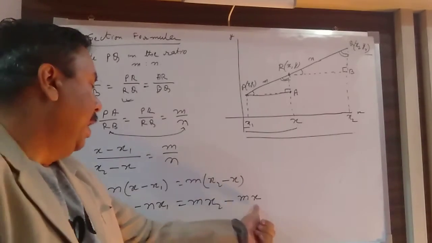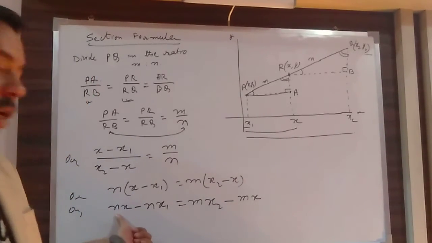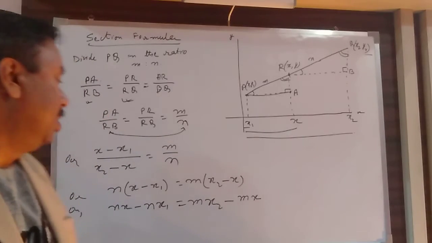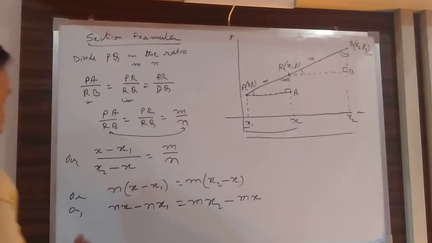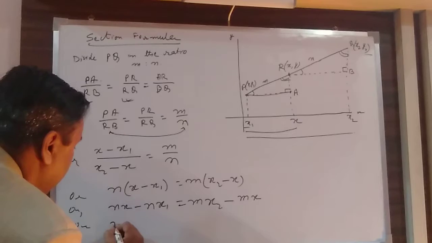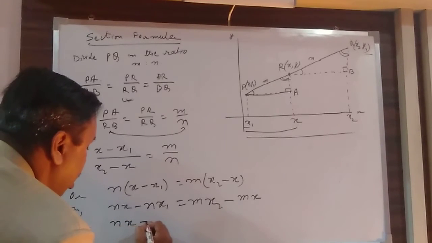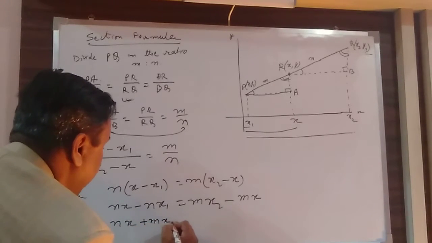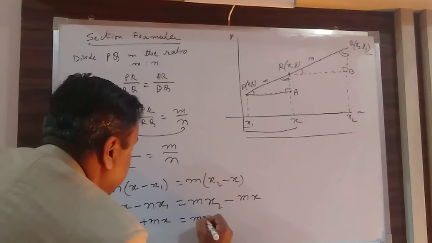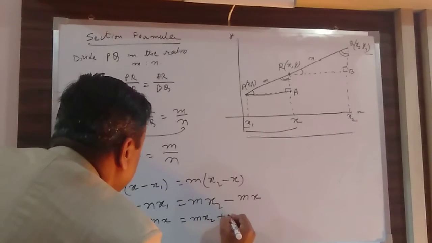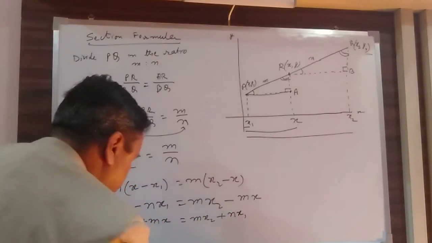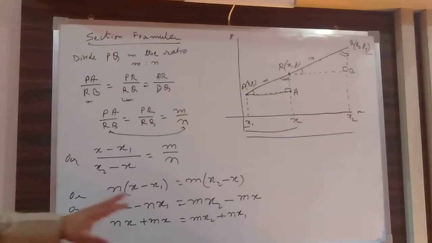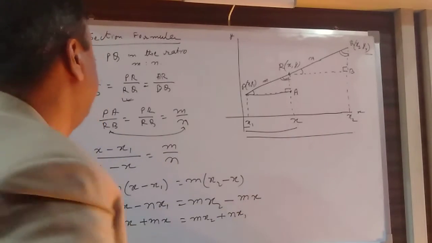I will bring x to the left hand side and nx1 to the other side. So what I get? nx plus mx is equal to mx2 plus nx1. Okay, because on changing the sides, the signs will be changing.